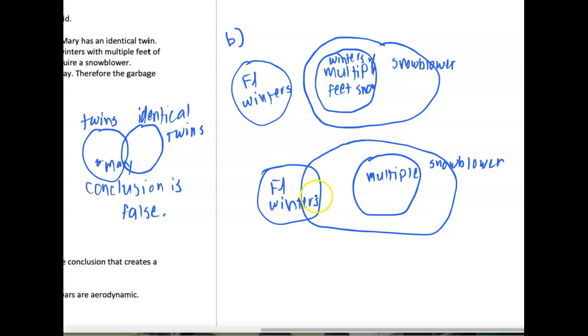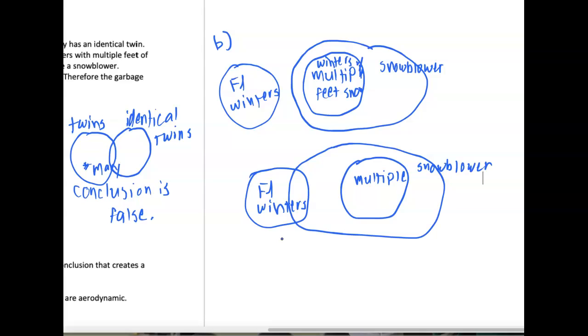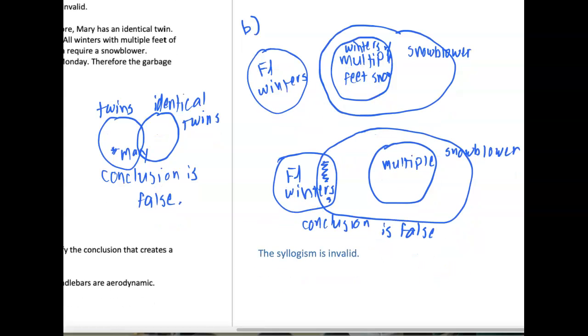So this diagram also has both premises true, and in this diagram, the conclusion is false. The conclusion is that no winters in Florida require a snowblower. Well, they could. Like these Florida winters could require a snowblower, right? They're in the snowblower circle. So in this diagram, the conclusion is false. This is called your counterexample. And therefore, we can say that the syllogism in part B is invalid.